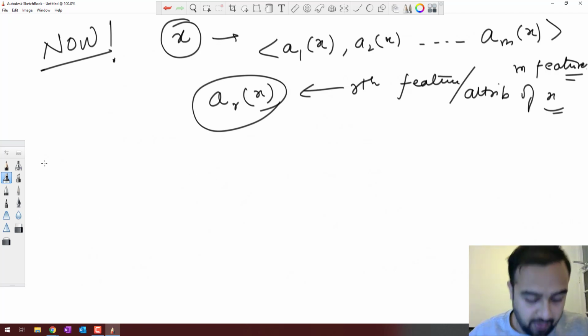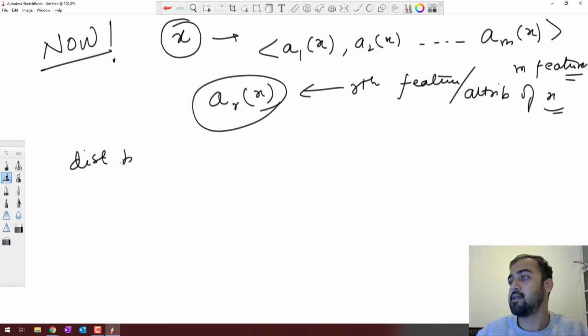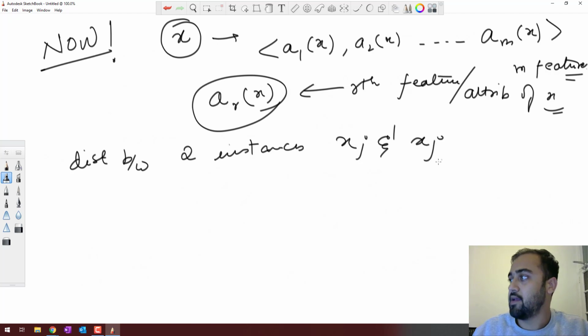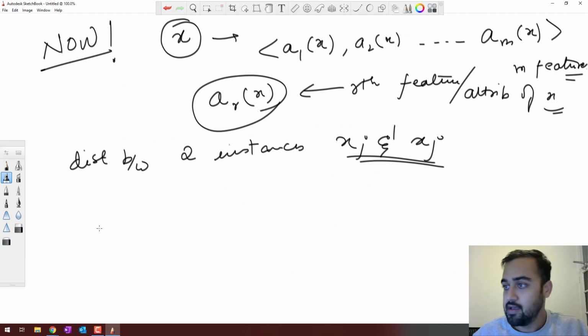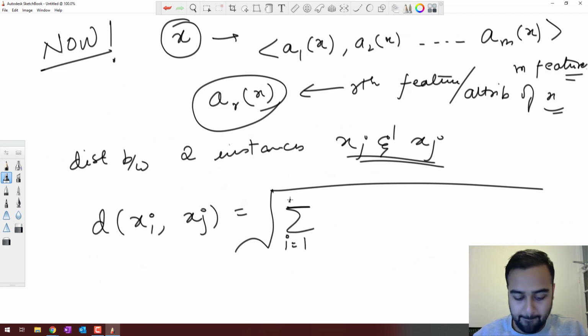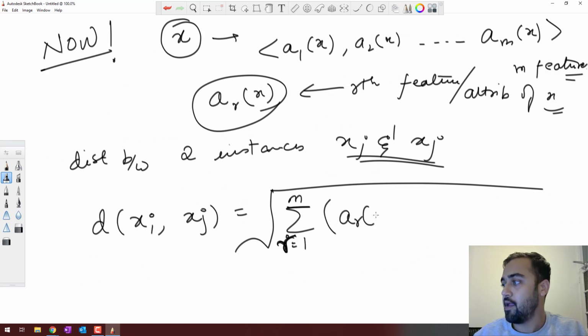Now if you want to find the distance between two instances xi and xj, if we represent this distance in terms of the feature vectors, we get d between xi and xj as the square root of sigma of r from 1 to m of ar(xi) minus ar(xj), squared.